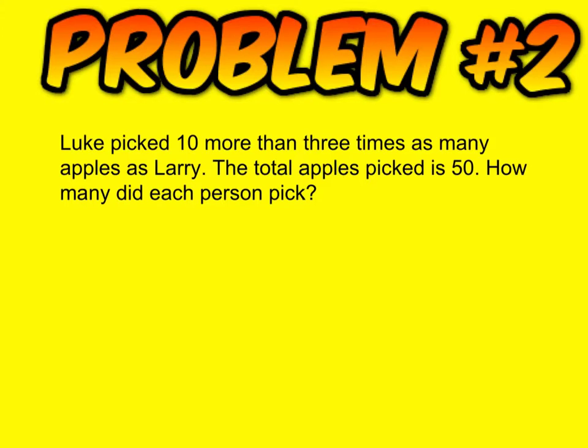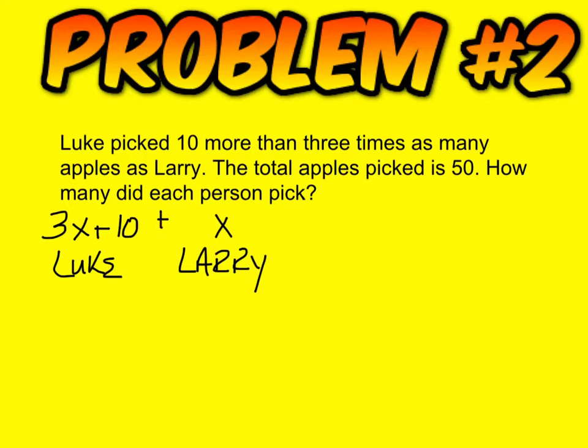The solution is you start with Luke, and then we go to Larry. Which one of those guys is going to be the X? Larry. And Luke picked 10 more than 3 times as many apples as Larry. What's Luke? 3x plus 10. And all of it is set equal to 50.